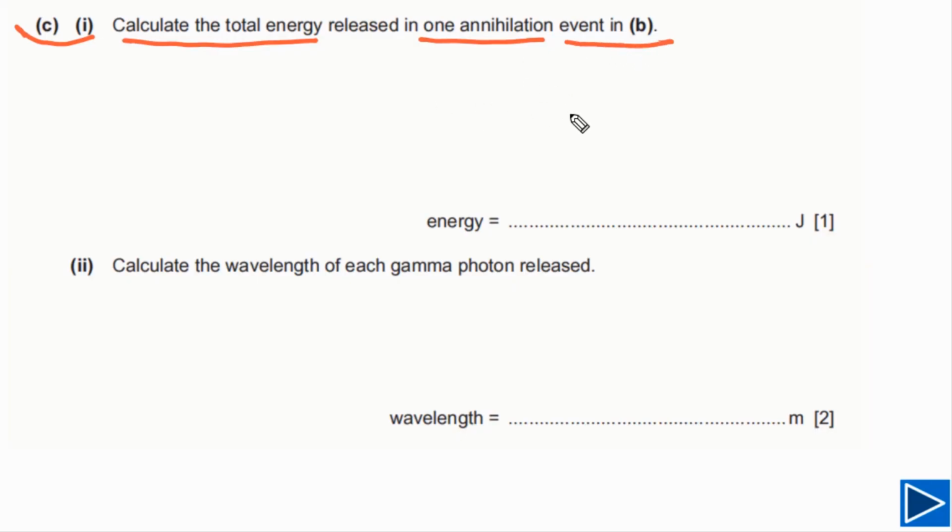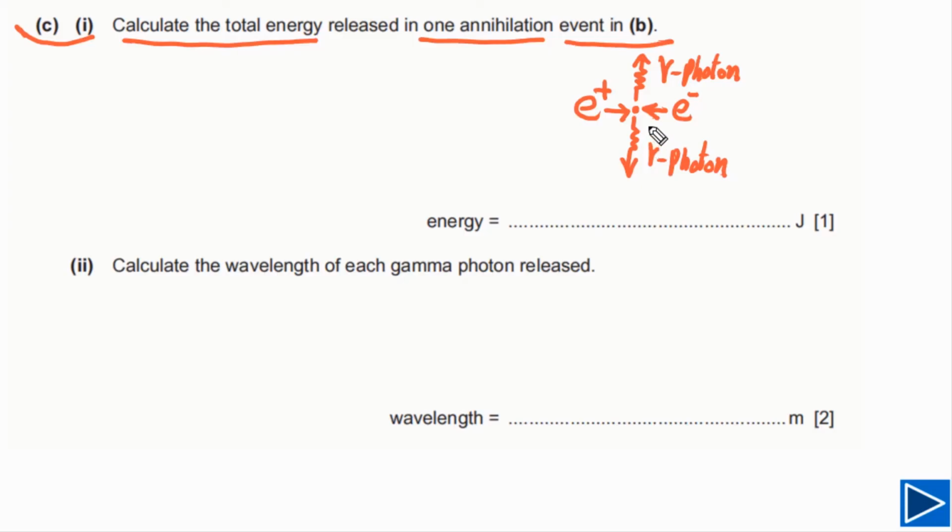Annihilation takes place when an antiparticle interacts with a particle. Imagine this is the antiparticle, and here we have the particle, the electron. When they interact, annihilation takes place, mass is converted into energy, and 2 gamma photons are emitted. One gamma photon goes in one direction and the other goes in the opposite direction, to conserve momentum.